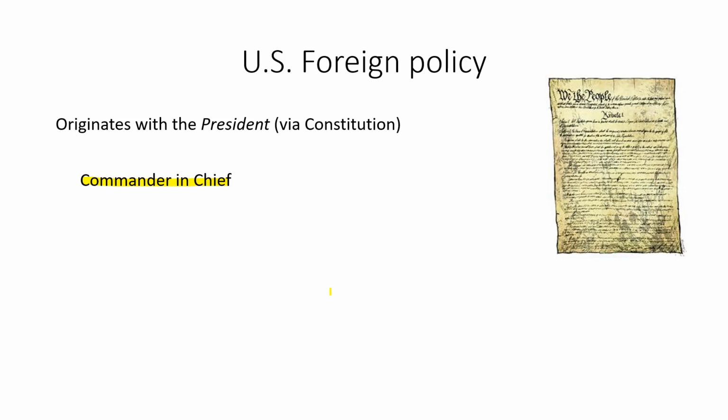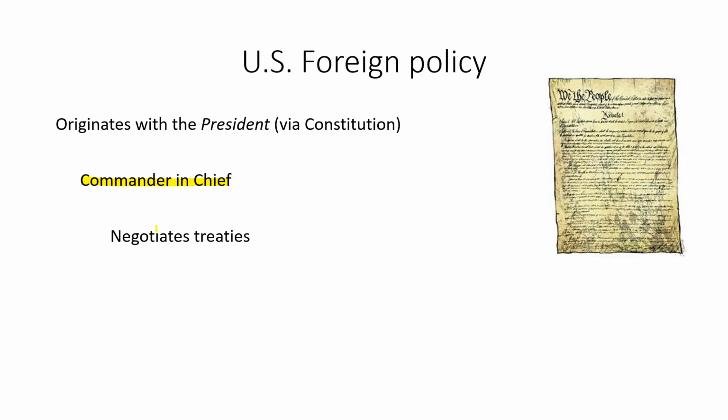Now, we'll talk about some of the problems with that in a few minutes, but that is the Constitution, that the president is in charge of the military. We have a civilian control of the military, so the president has to have some power and decision-making with respect to that right off the bat.